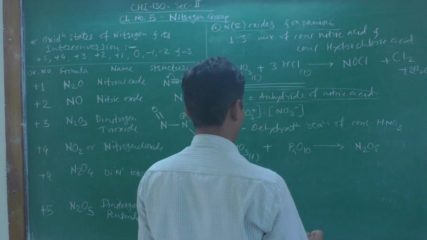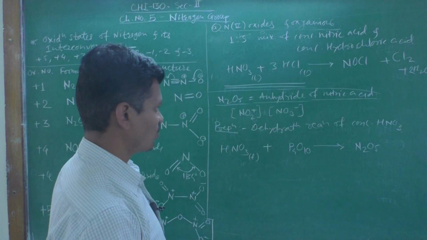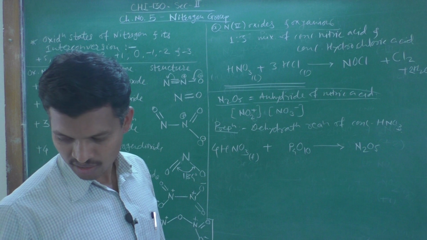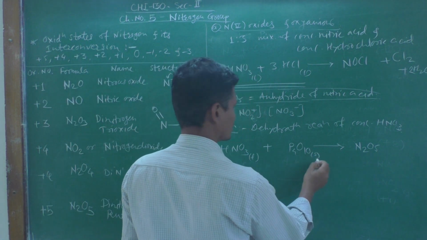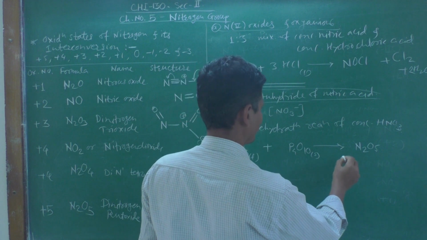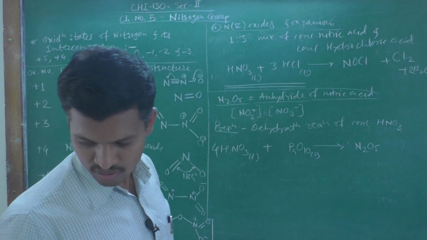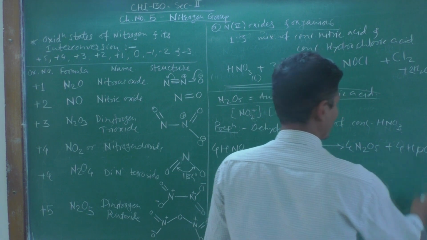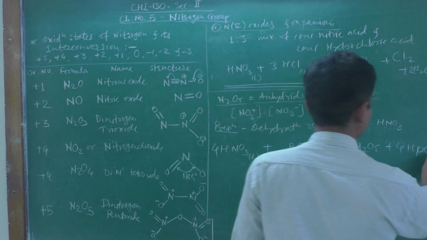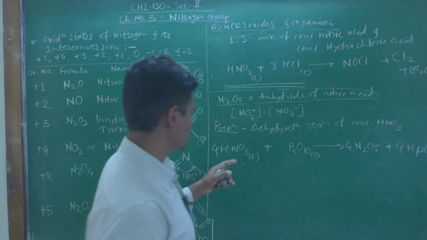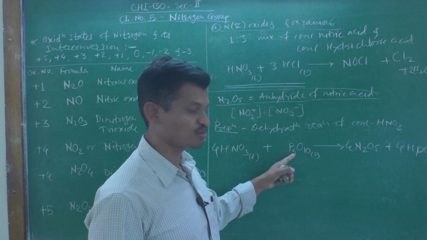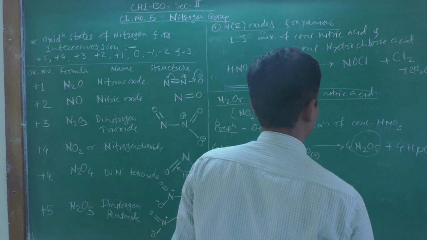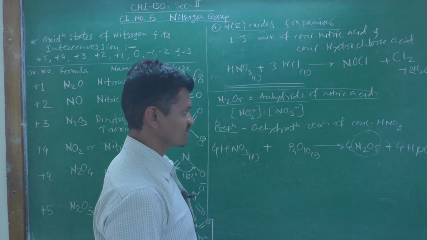For balancing the reaction, we have 4 HNO3 and 1 P4O10, which is solid. So, 2 N2O5 plus 4 HPO3, which is in liquid state. This nitric acid reacts with the dehydrating agent P4O10 and is converted to N2O5, the anhydride of nitric acid.